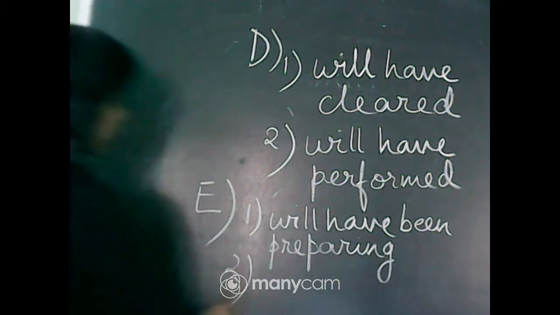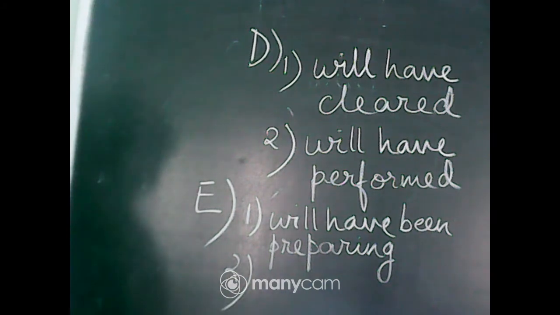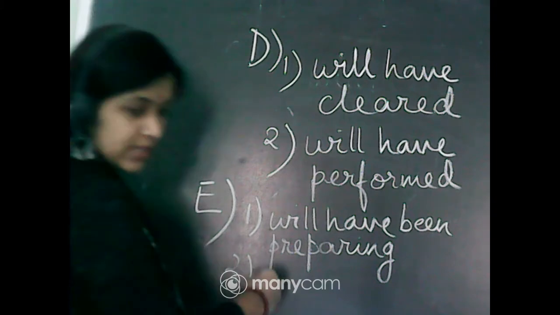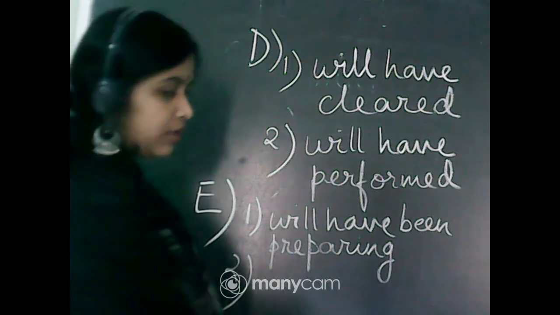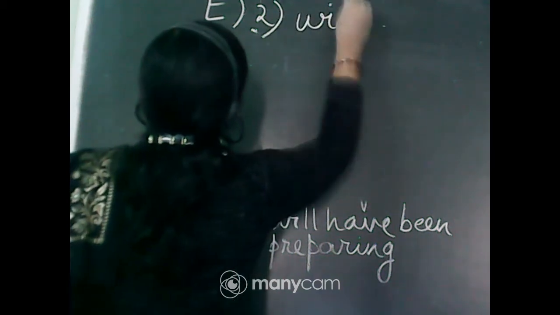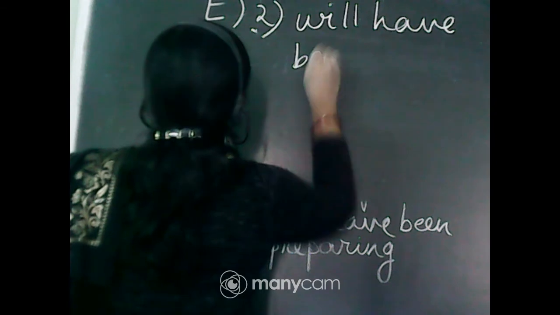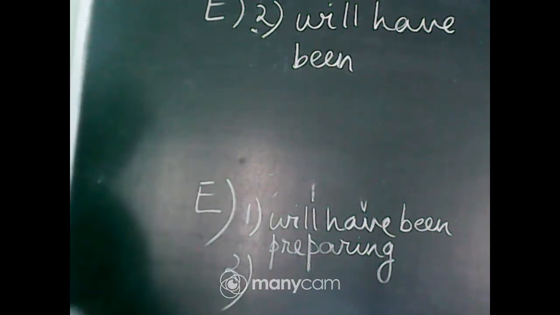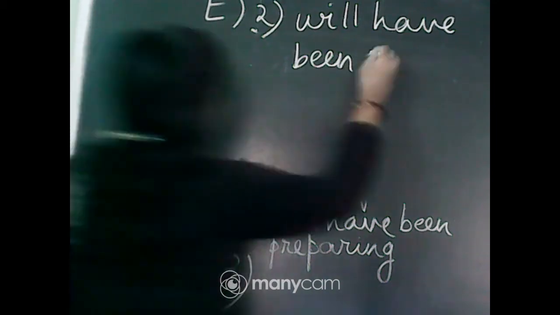Okay. Number 2, my friends will have been watching. Can you see this part of the board? Let me write it on the top. Number 2, will have been watching.